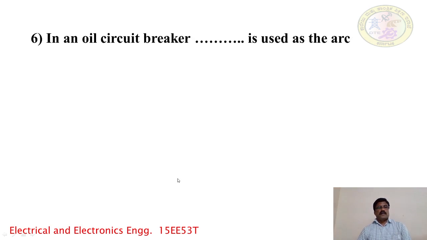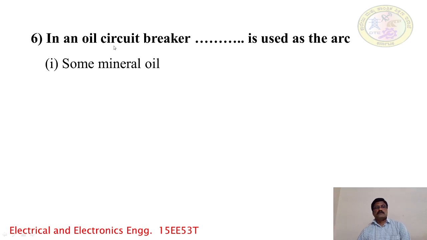So next, sixth one. In an oil circuit breaker, dash is used as the arc extinguishing medium. First one is some mineral oil like transformer oil, having high dielectric strength, high thermal conductivity and good insulation.